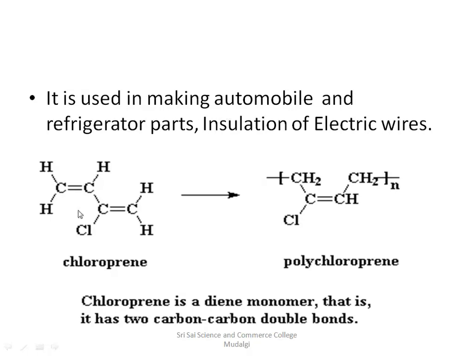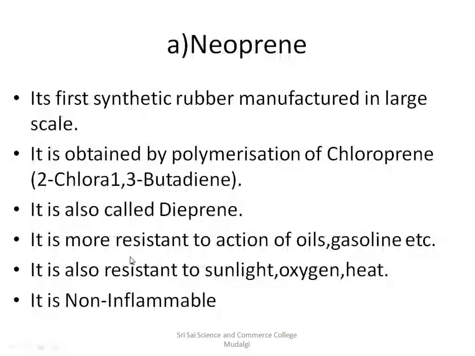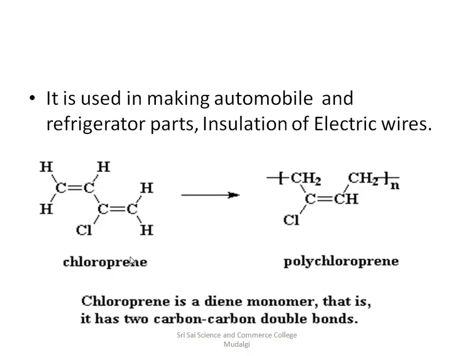Coming to the structure or preparation of neoprene, we know that it is made up of the monomer chloroprene, which is 2-chloro 1,3 butadiene. When it undergoes polymerization, we get polychloroprene, which is your neoprene. Chloroprene is a diene monomer, that is, it has two carbon-carbon double bonds, at the first and third carbon.